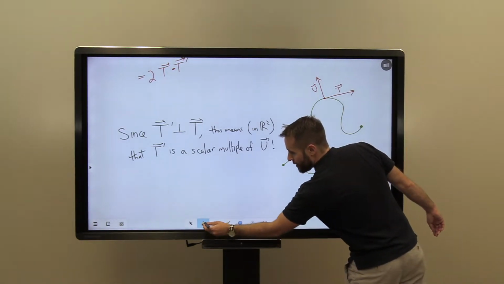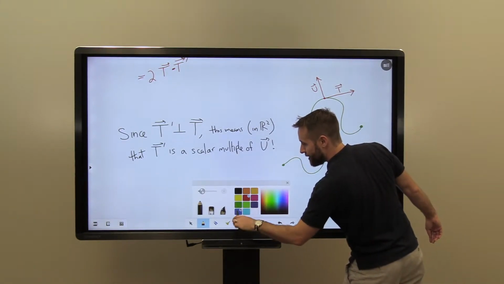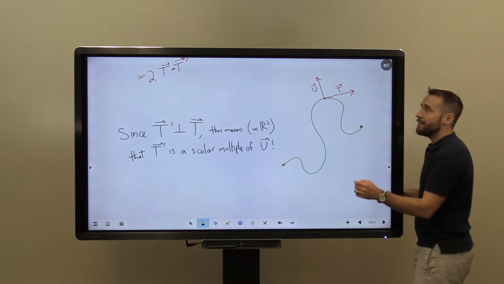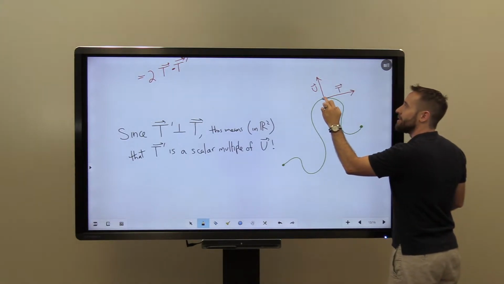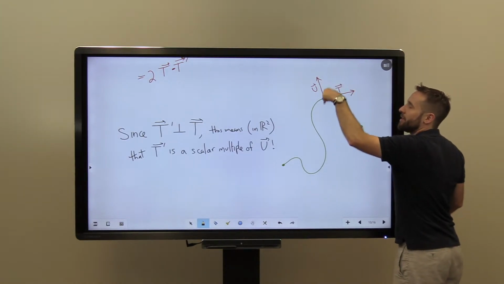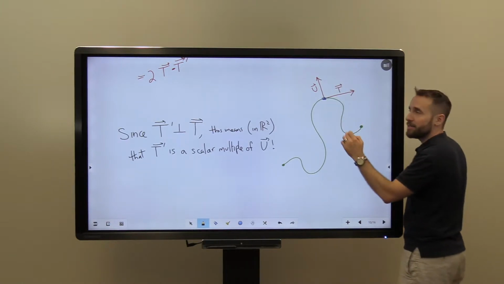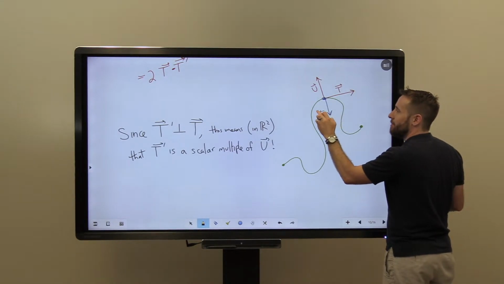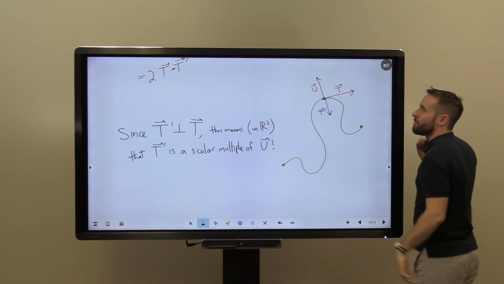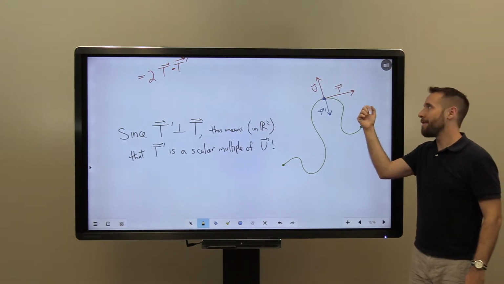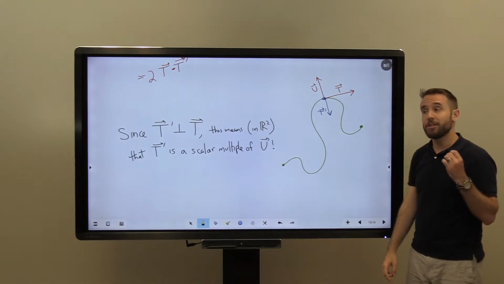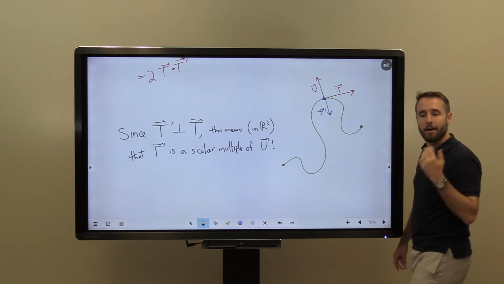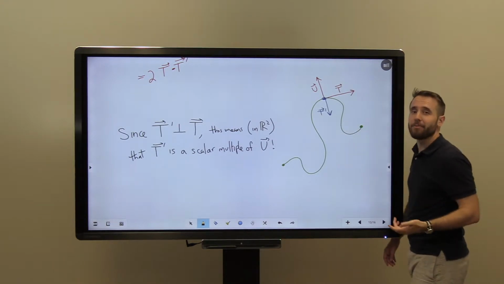And so no matter how I draw it, it will necessarily be perpendicular to t, pointing either up here or down here. And if we were to look at an explicit example and crunch the numbers, we would probably see that t prime would point maybe in this direction. So it's perpendicular to t, and because t and u are perpendicular to each other, t prime is necessarily a scalar multiple of u. In this case, a negative scalar multiple of u.